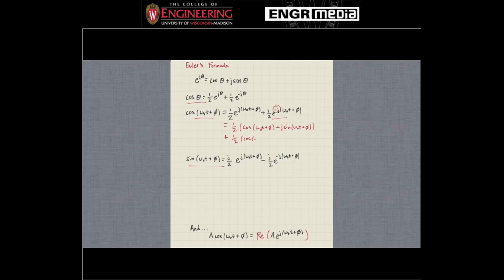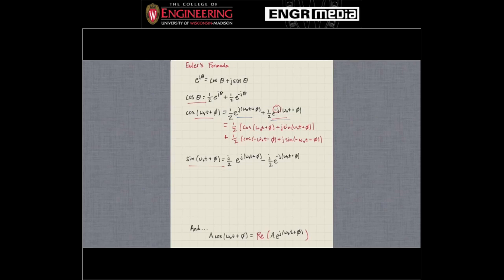And that's also added to j sine of minus omega naught t minus phi. Okay, so I think everything should be accounted for here, right? We just took these two terms and expanded them out using Euler's identity.